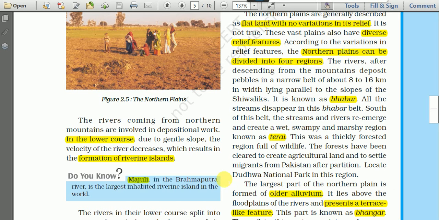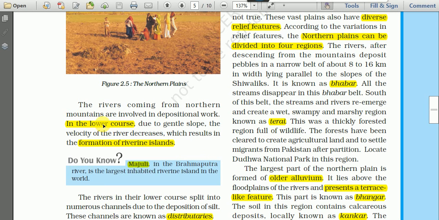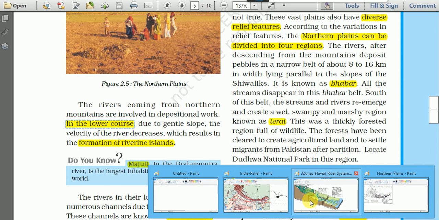The rivers coming from the northern mountains are involved in the depositional work. In the lower course, due to gentle slope, the velocity of the river decreases, which results in the formation of riverine islands. Actually, when we learn about the longitudinal profile of a river, it is divided into 3 sections, as you are seeing here.